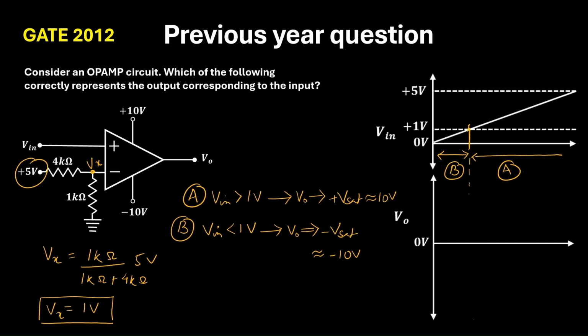If I draw a line here, for case B the output will be driven to minus 10, and for case A the output will be driven to plus 10. So I can just indicate one marker here, 10 volt, and one here, let's say minus 10 volt. In case B it will be minus 10, so the graph will be here, and after this point the graph will be here. So this is the answer.